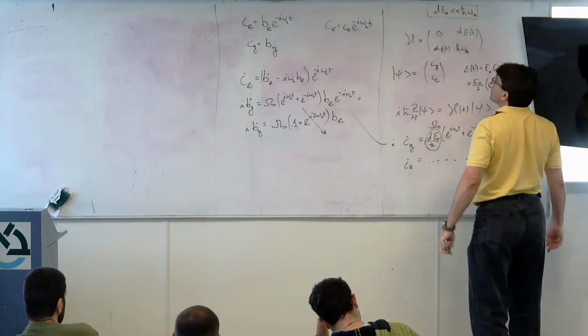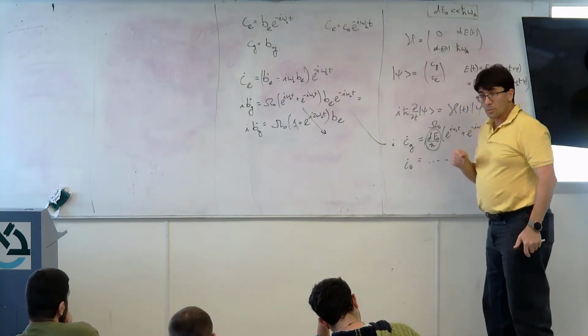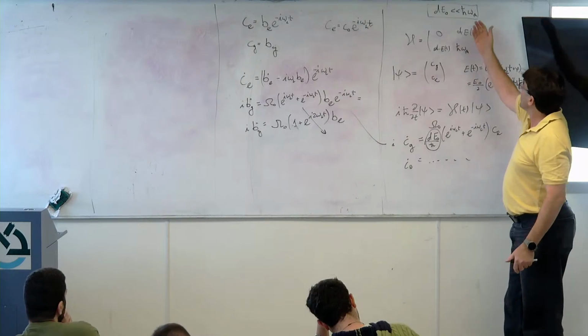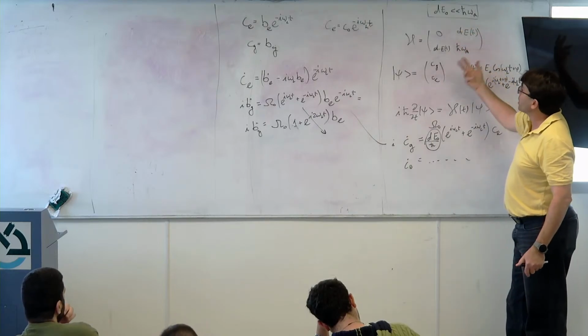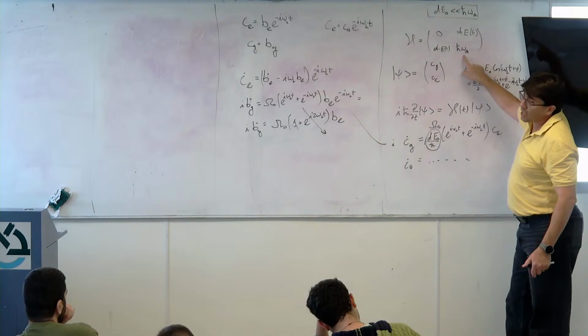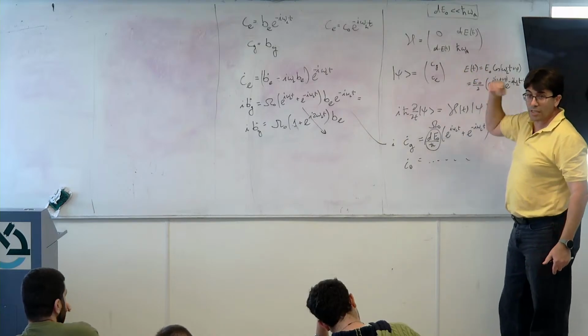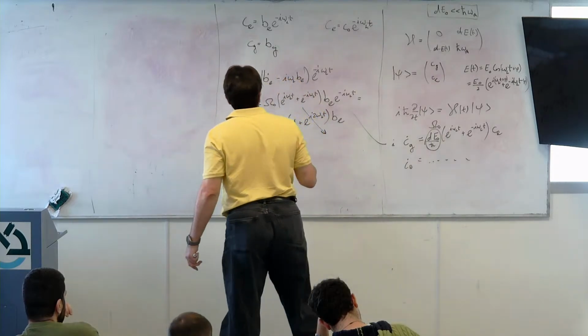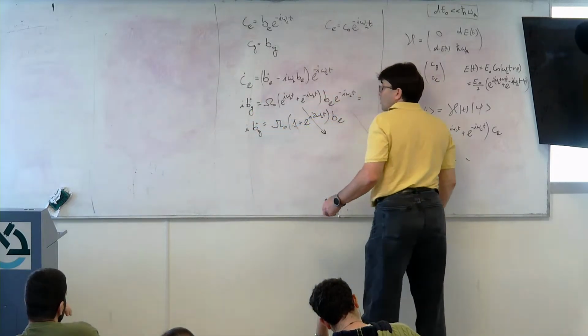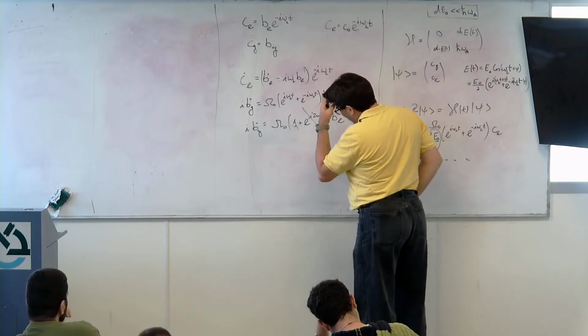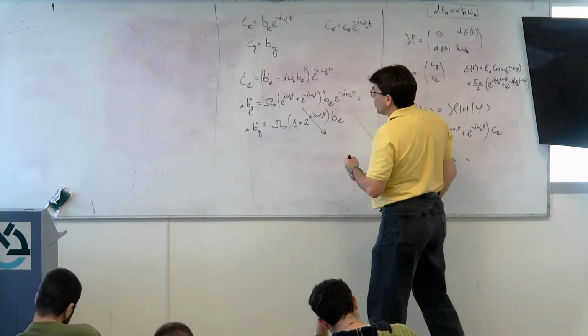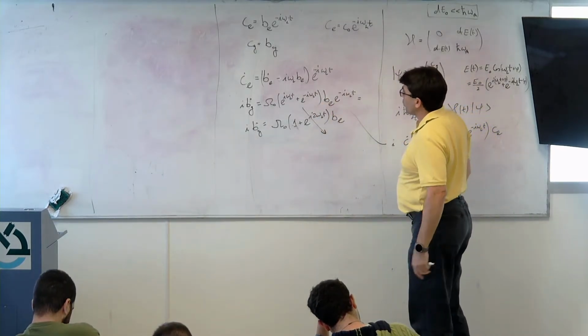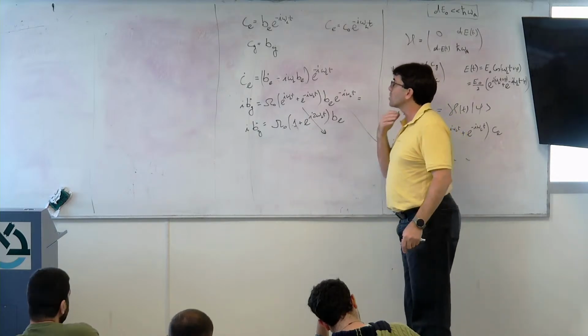That was the assumption. So whatever dynamics it induces, it must be much slower than the dynamics that this one induces, or the laser frequency. So since we expect this dynamics to be very slow, we can throw away this counter-rotating term.